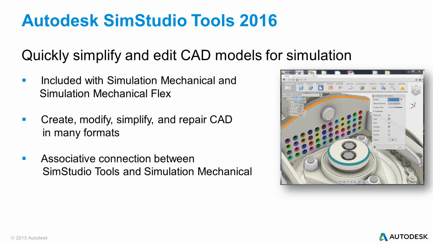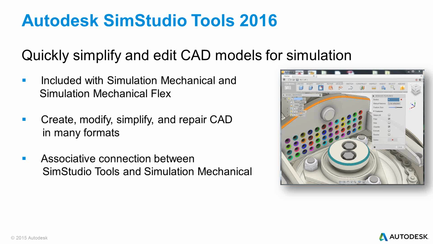So the SimStudio Tools and Simulation Mechanical are connected so that you can move a model between the 2 packages very easily. When you go from SimStudio Tools to Simulation Mechanical, geometry, part names, and materials will come over.